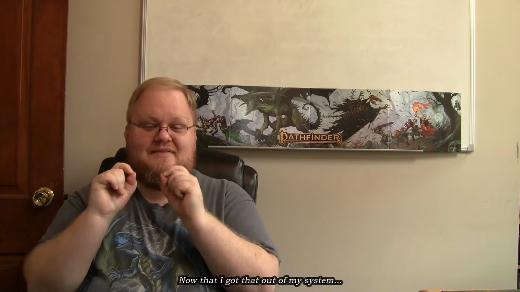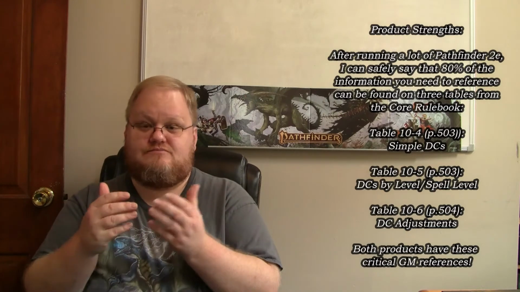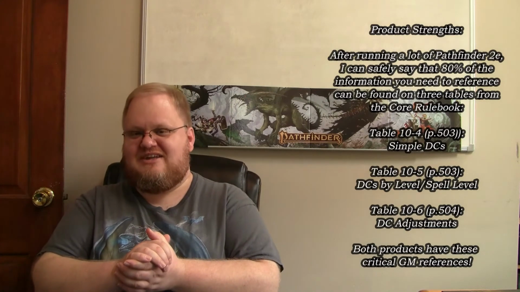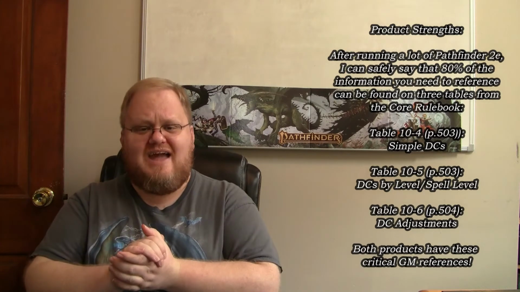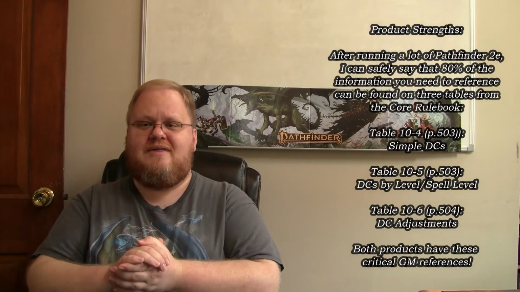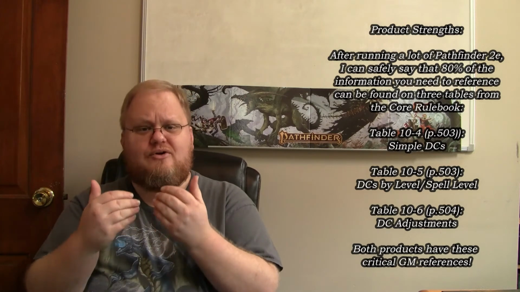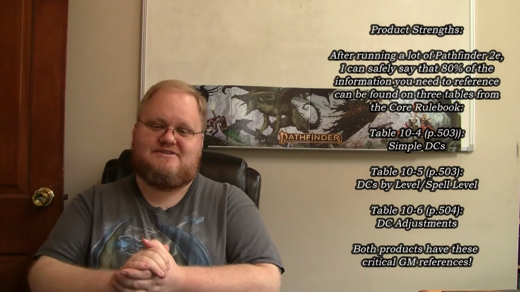Setting aside that criticism, overall, the basic and advanced Game Master screens for Pathfinder 2nd Edition are good products. They are something that you're going to use, they have important information that you're going to need, and they're just good references for storytellers. As someone who has told a lot of Pathfinder 2nd Edition games, I can honestly say that there are 3 tables from the core rulebook that are just critical references as a storyteller.